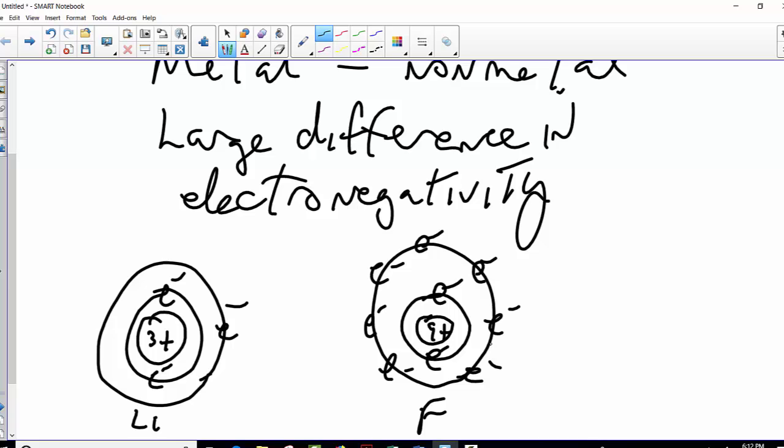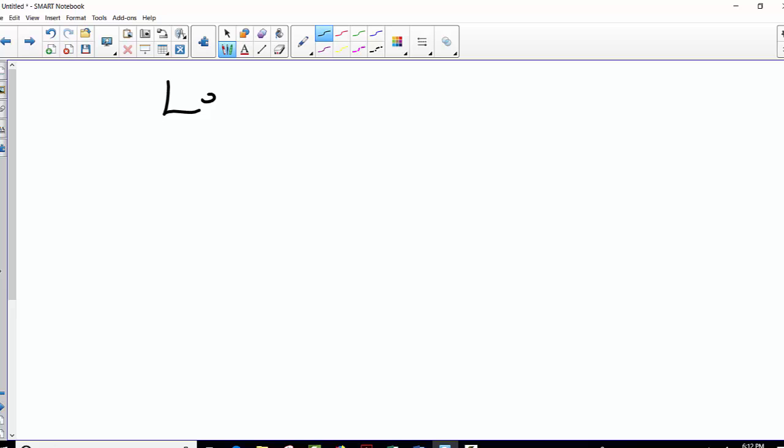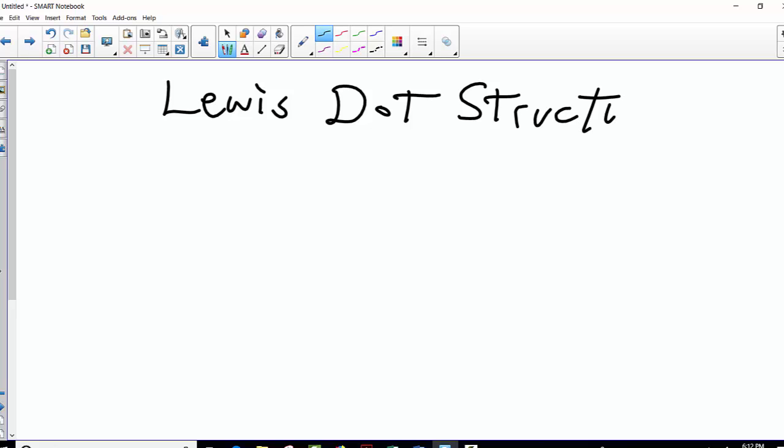Now, it's actually a big pain to write these things for every element, so we're going to do a shortcut. We're going to do what's called Lewis dot structures. I'm pretty sure you did these last year in biology.